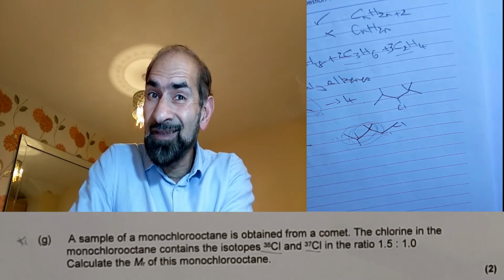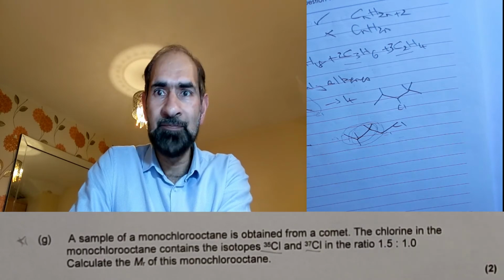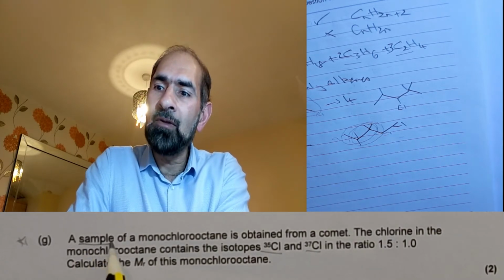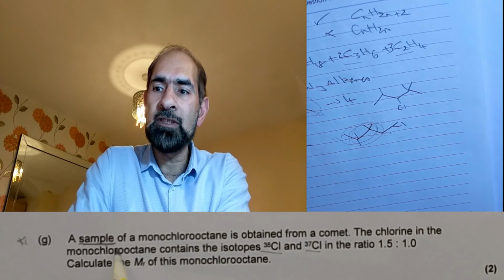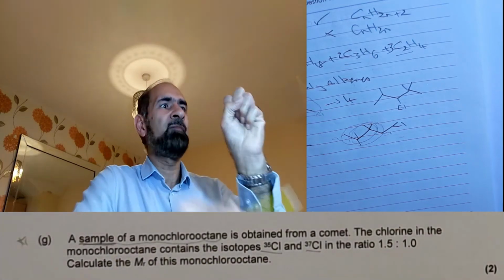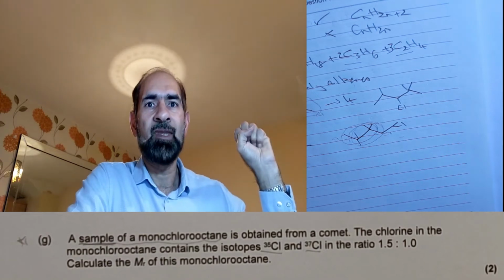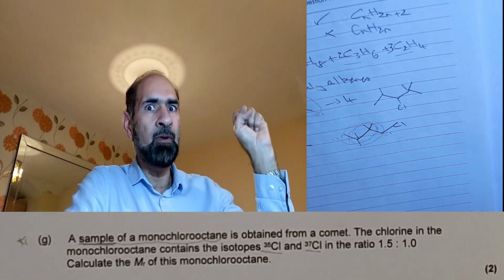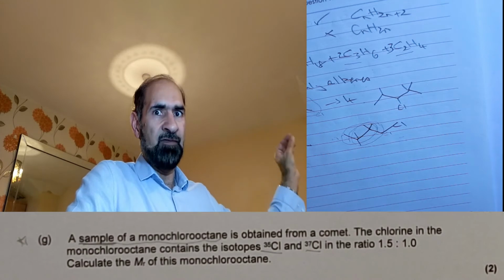But then I read the question again, as you're supposed to. A sample of monochlorooctane. So in other words, it's like I've taken a sample of chlorine gas. Now that sample will contain Cl35.